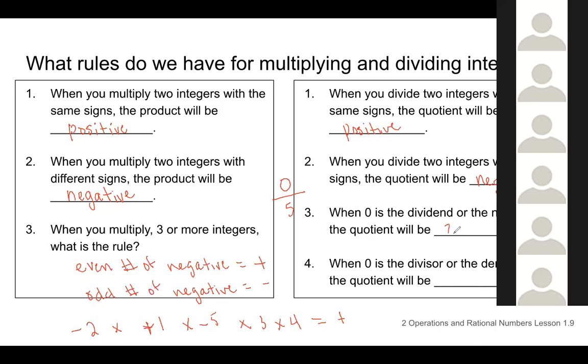It will be 0. What about when it's the reverse? When 0 is the denominator or the divisor, the quotient will be undefined, or an error. Perfect.